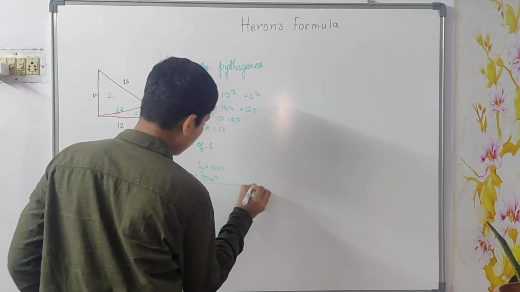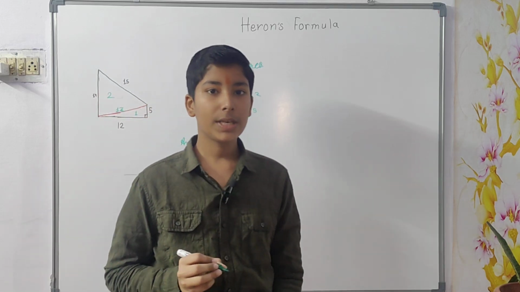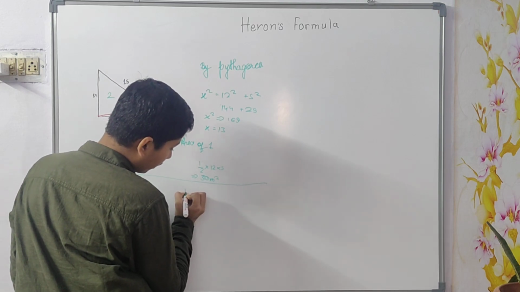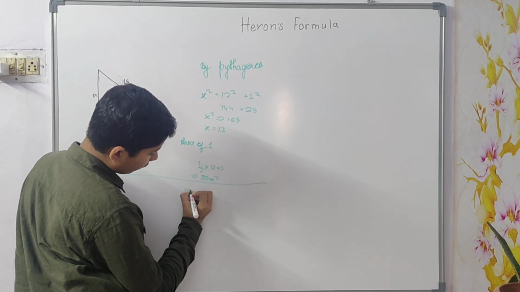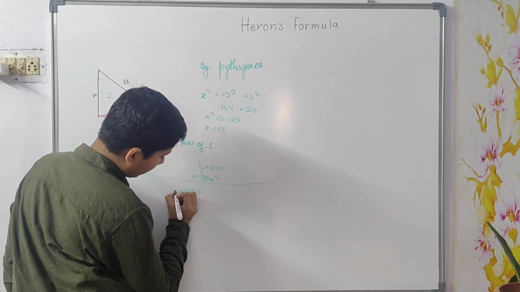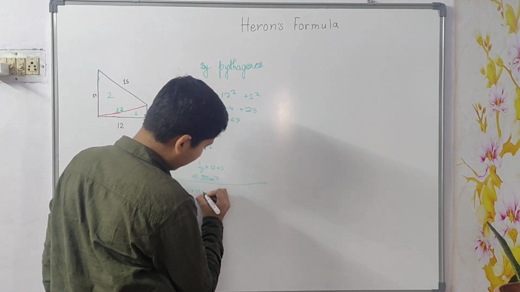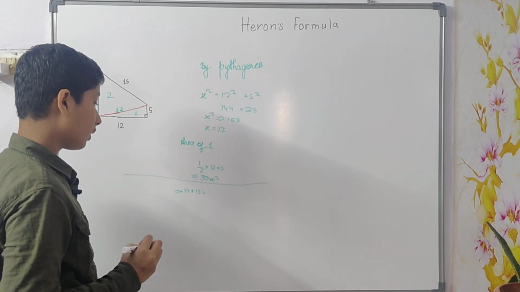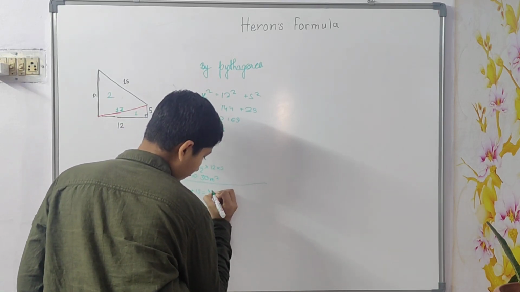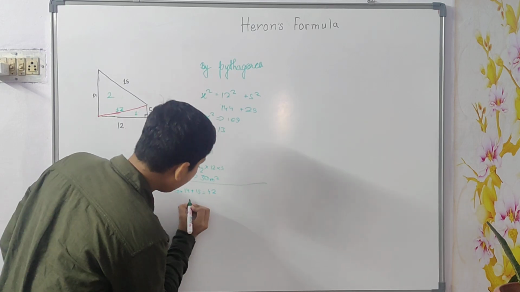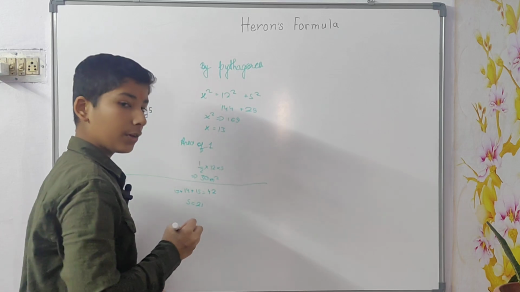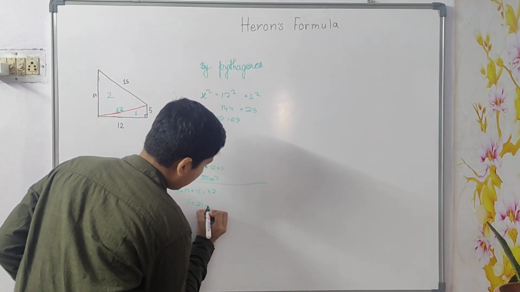So we will use Heron's formula over here. The sides are 13, 14, 15. Perimeter is 13 plus 14 plus 15, which is 42 meters.